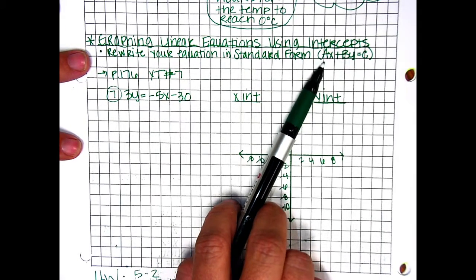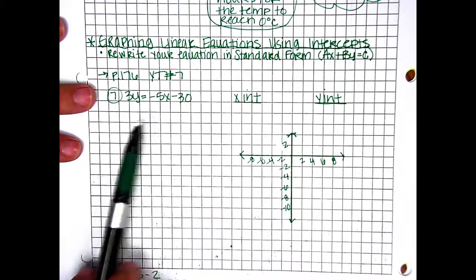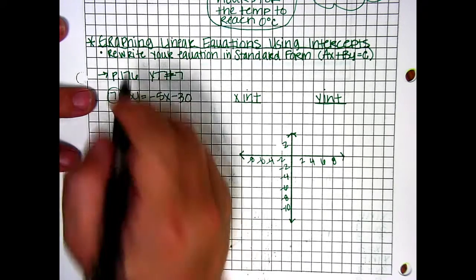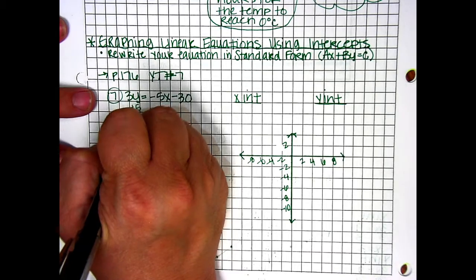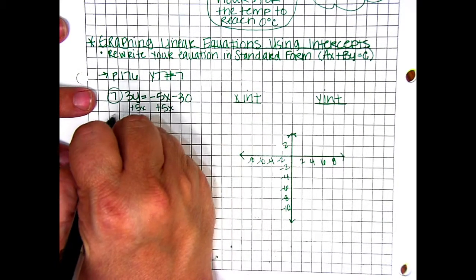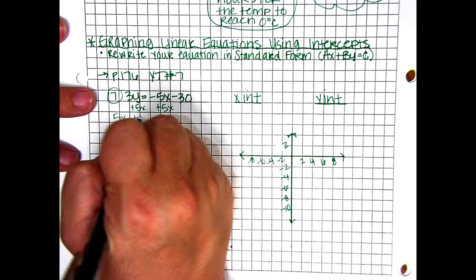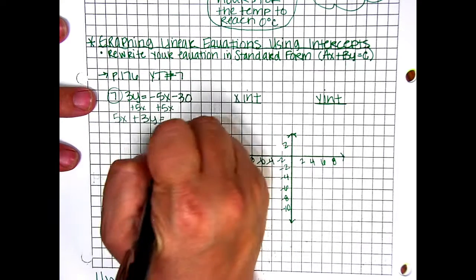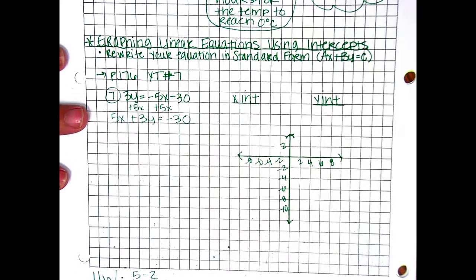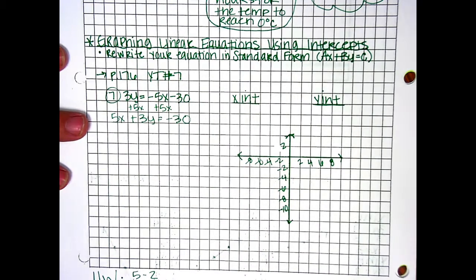Standard form is ax plus by equals c. So I'm going to add 5x to both sides of this equation to get it into standard form. So I have 5x plus 3y equals negative 30. From there it's going to be much easier to find my intercepts.